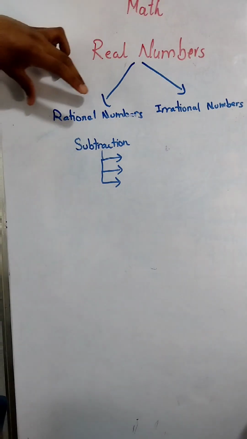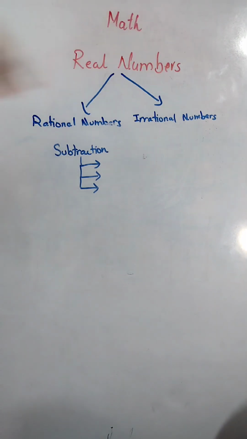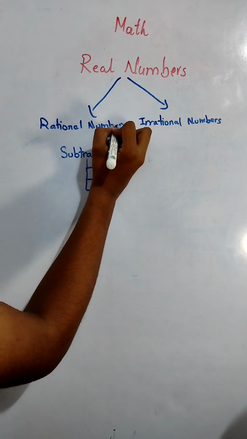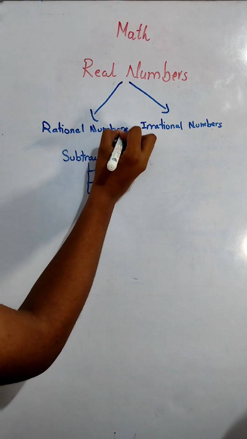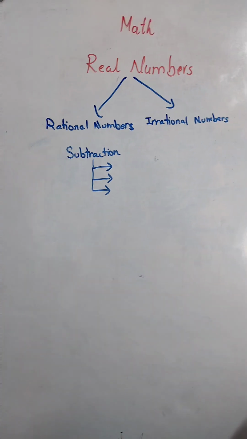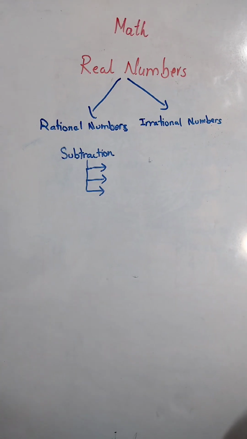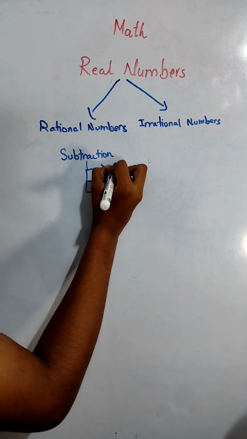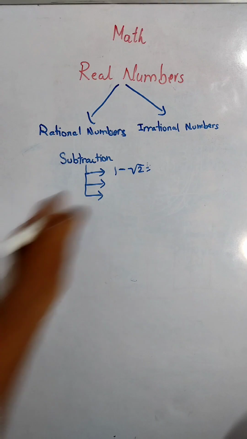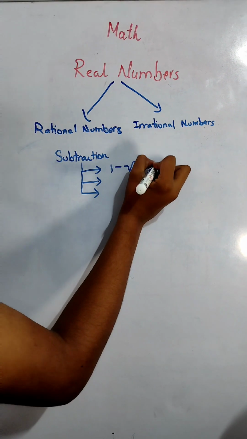If there's a rational number and an irrational number that are being subtracted from each other, then it will always end up being an irrational number. For example, if we take 1 minus root 2, this is equal to an irrational number.